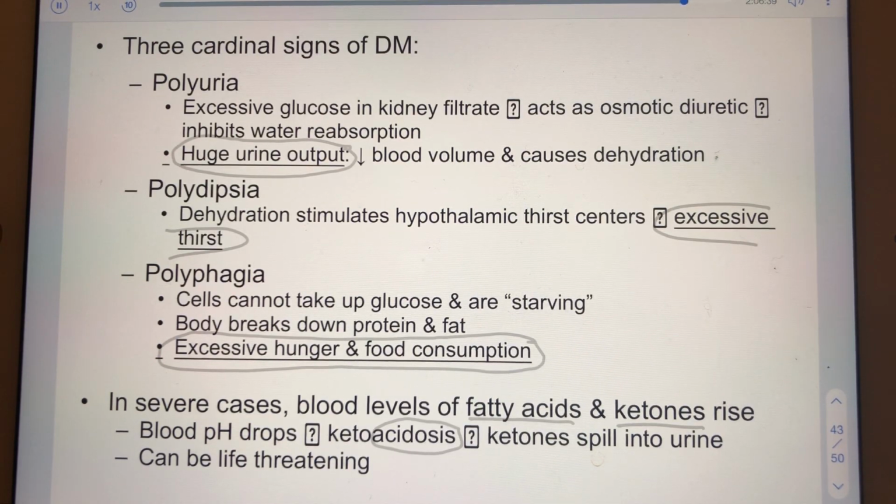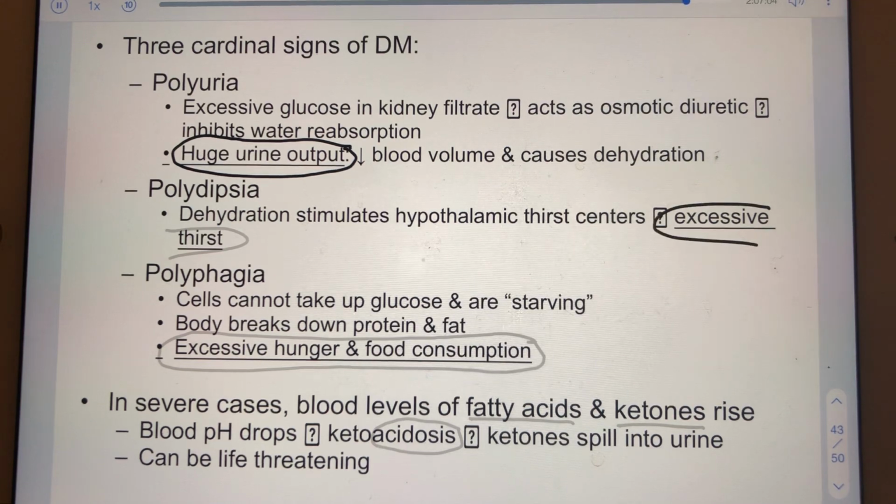There are 3 cardinal signs of diabetes mellitus: polyuria, polydipsia, and polyphagia. Polyuria is high urine output. Where did we see polyuria previously? Yes, diabetes insipidus as well. Polydipsia is excessive thirst.